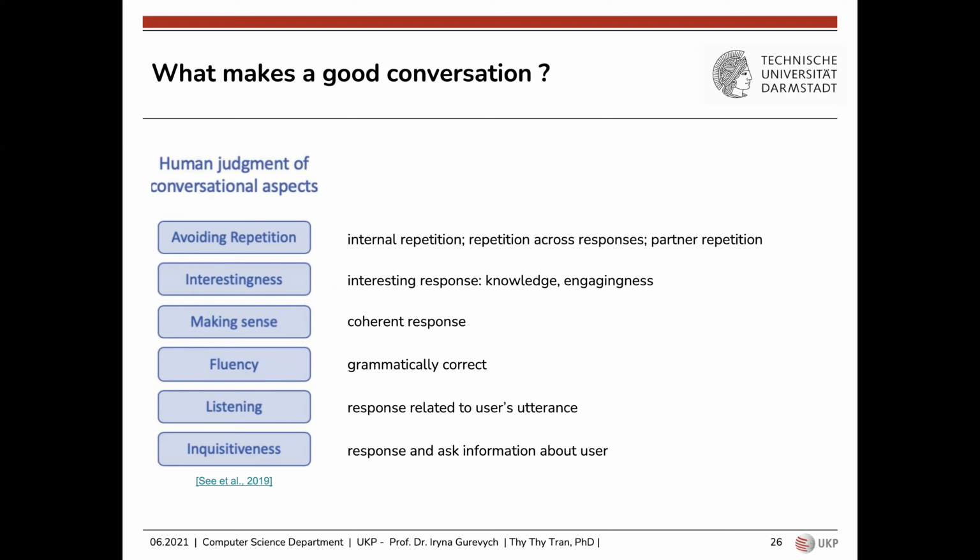First, we don't want repeated responses by conversational agents. Repetition includes internal repetition, which is repeating words or phrases within a response, or repetition across responses, as different responses from an agent are the same. And last, partner repetition, that simply repeats what the user said.